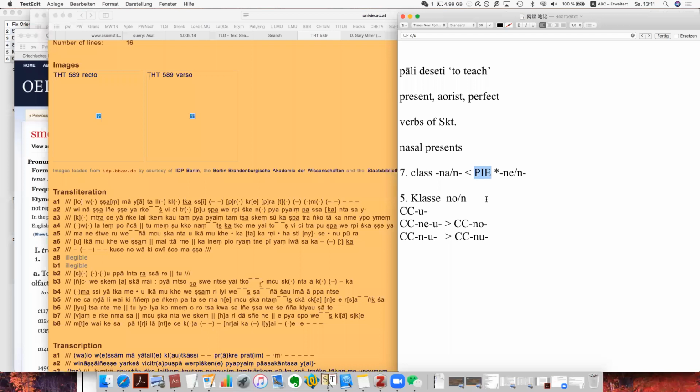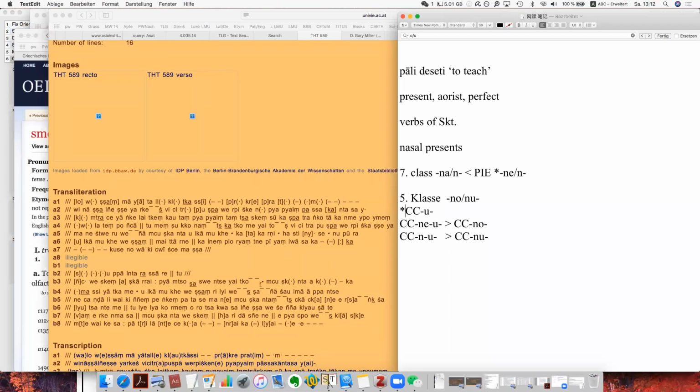In explaining this fifth class, I suggested that this class is based on this kind of root.